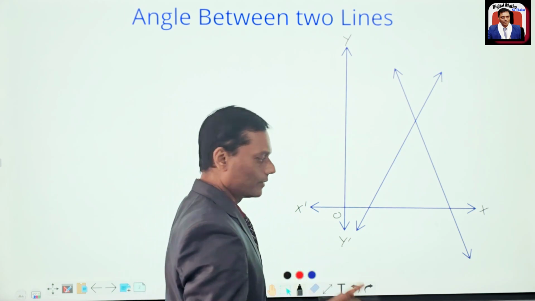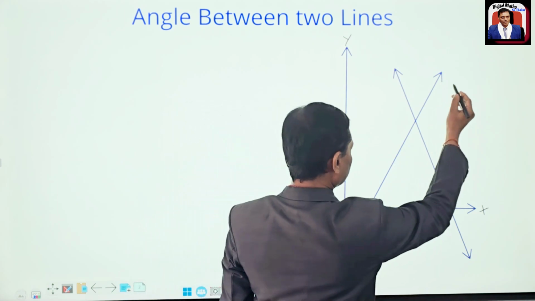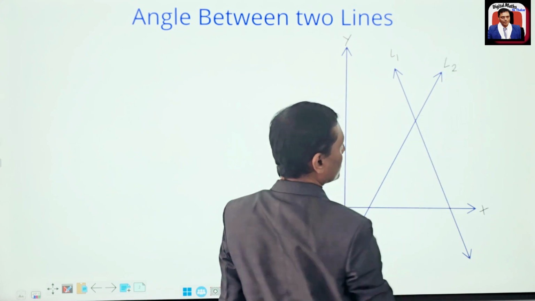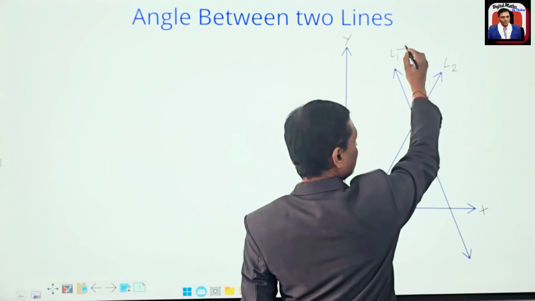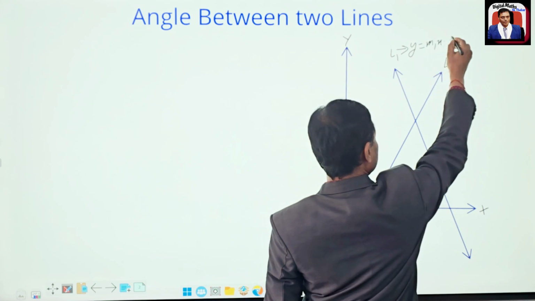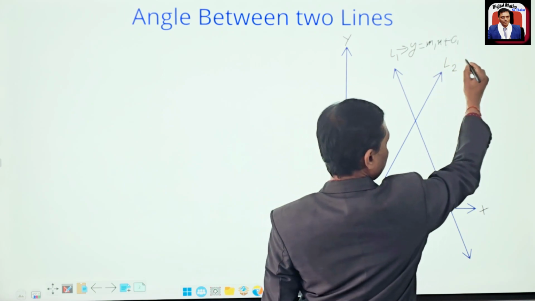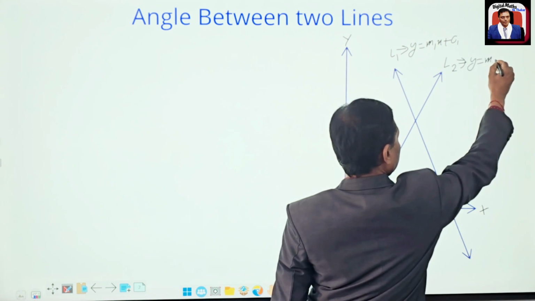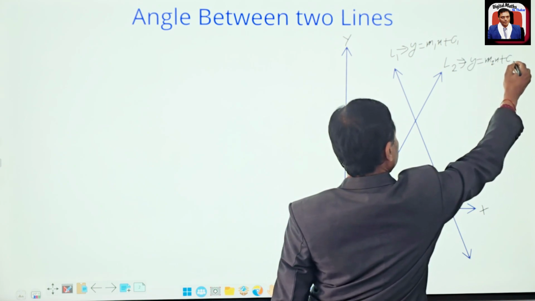Let the first line be L1, and this line is L2. The line L1 is y equals m1x plus c1, and that of line L2 is y equals m2x plus c2.